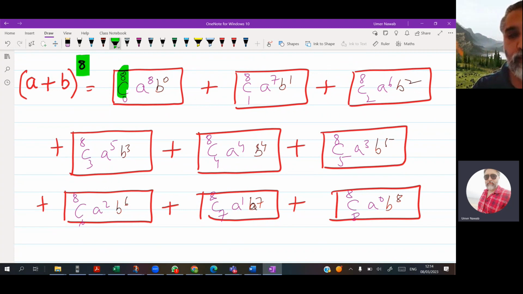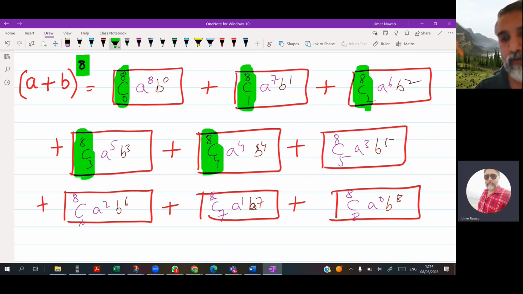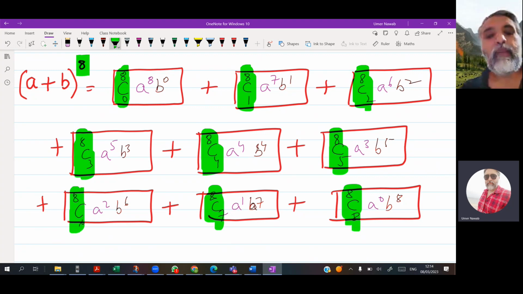So guys, the binomial expansion is in front of you. And you can see how the power is coming. Can you subtract 8 minus 0?